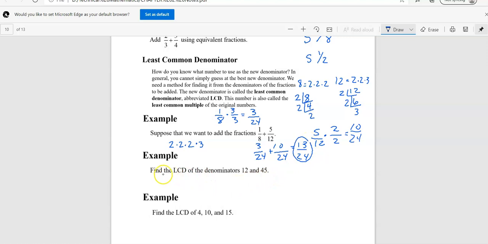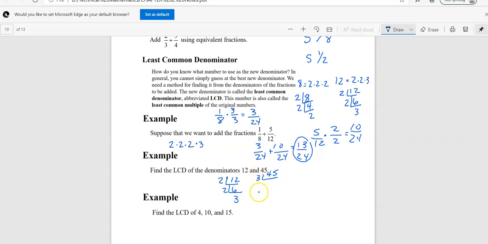Okay? So let's just practice finding the least common denominators of these numbers. So the first number I have is 12. 2, I always start with 2. You want prime numbers. 2 will go into 12 6 times. 2 will go into 6 3 times. 3 is prime, so I can stop. We look at 45. 2 will not go into 45.